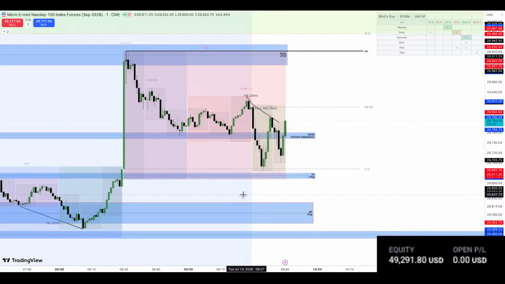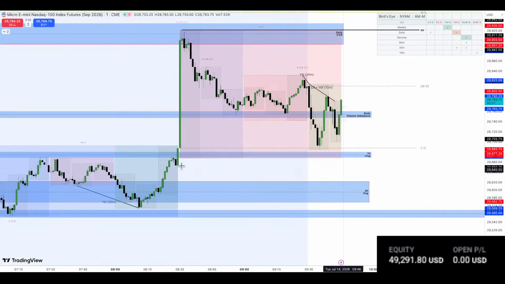Usually, after the AM accumulation, if price did this huge move to the upside, this is a sign of commitment.